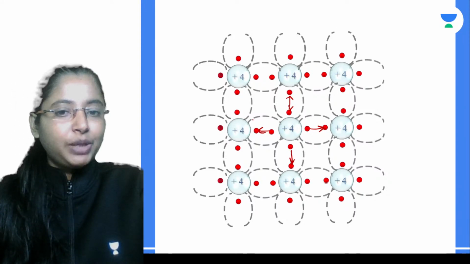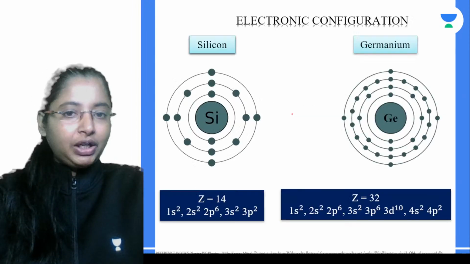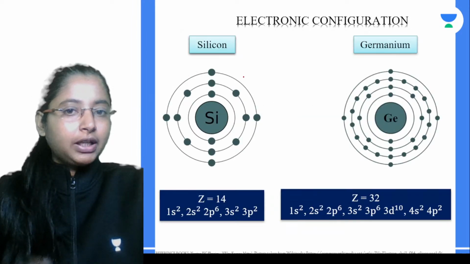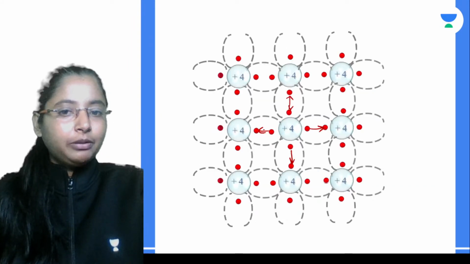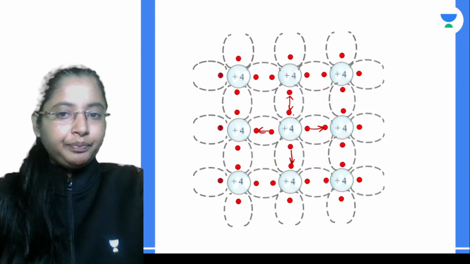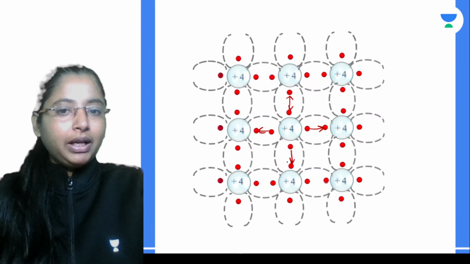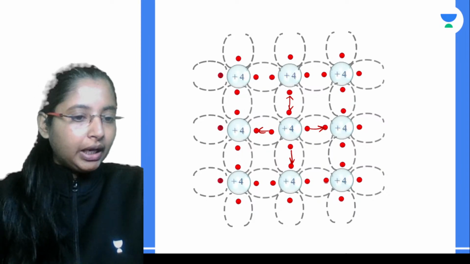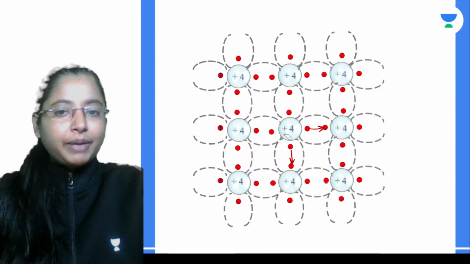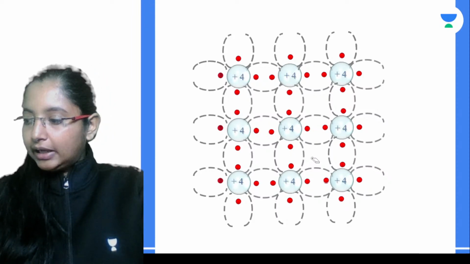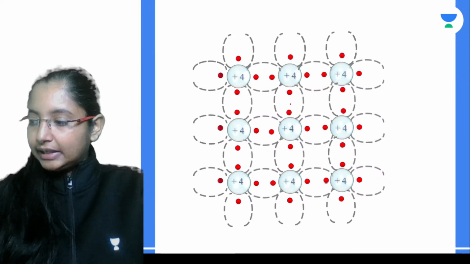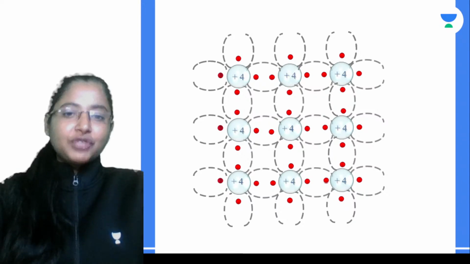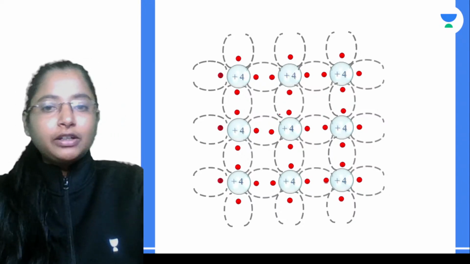So we indicate that this one atom forms 4 covalent bonds with the neighboring atoms. This crystal lattice looks like a diamond-like crystal lattice, and the atoms of silicon or germanium are tetrahedrally bonded.